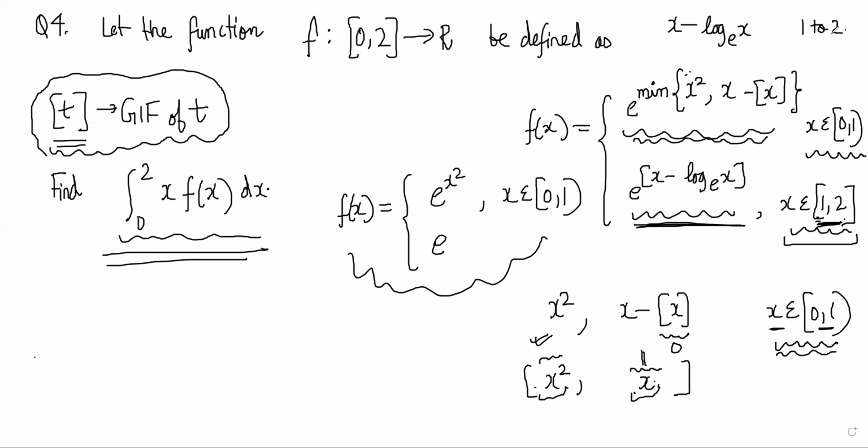1 to 2 में. Sir, it is e to the power x by x, right? 2 माइनस ln x। नहीं, देखो, ln x यहाँ पे 1 to 2 में is it positive or negative? अच्छा अच्छा अच्छा सर, गॉट इट। Yashwant, what are you doing right now?